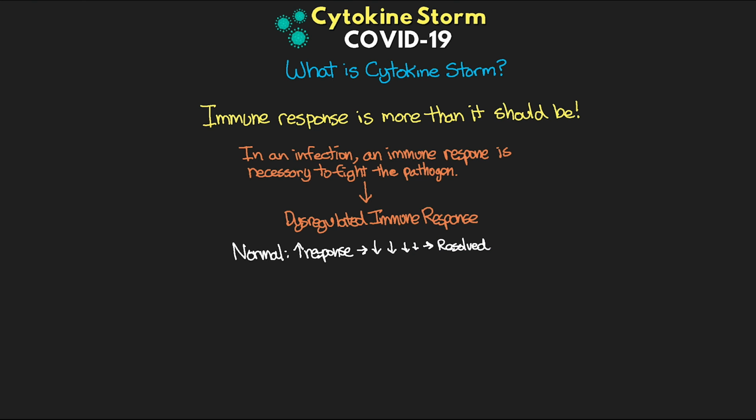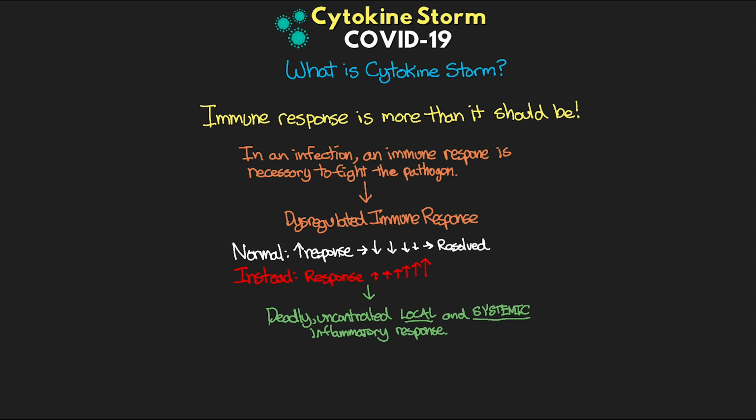But instead, what we're seeing in these patients is a few weeks after their initial infection, we see the immune system ramp up more than it should. This can lead to a deadly, uncontrolled, both local and systemic inflammatory response. This is going to be the result of a release of a large amount of these pro-inflammatory cytokines, as well as many different types of white blood cells.